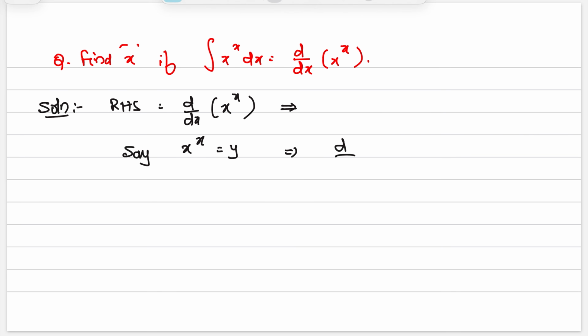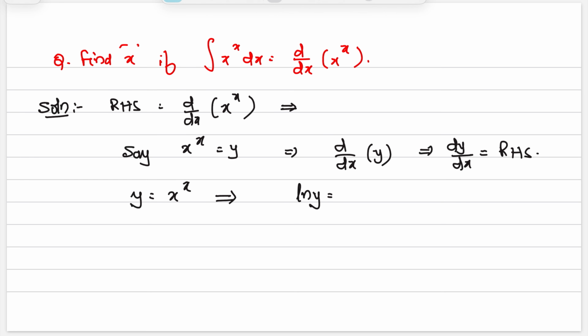That means what we have to find out is d by dx of y, that is dy by dx is equal to the right hand side. Now, when y is equal to x to the power of x, by taking natural logarithm on both sides, ln y is equal to x into ln x.